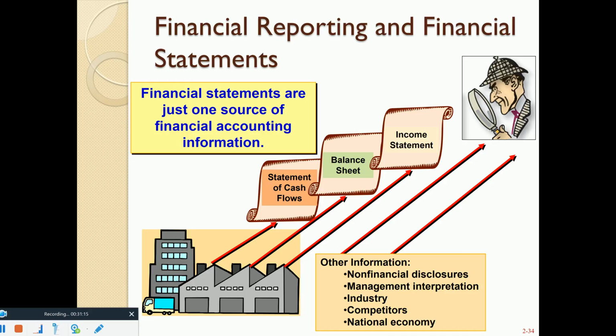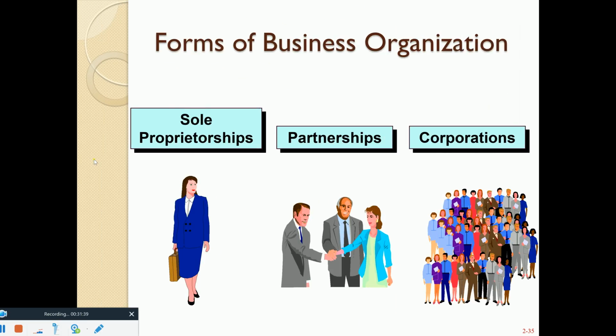Compare our financial information to industry standards, your competitors. What economy are we working in? All of these are very important factors in analyzing a business. What I'm trying to say is it goes beyond just the financial statements, but this is such a critical part in understanding the health of the business.